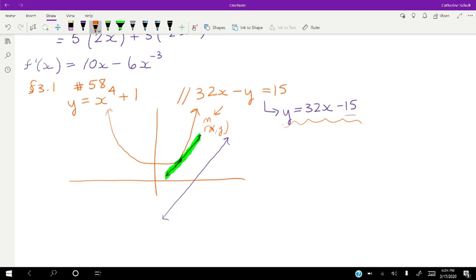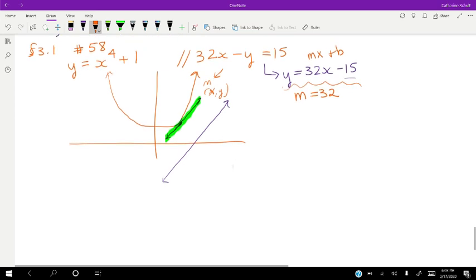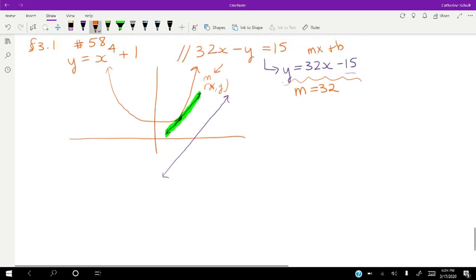Y equals, remember, mx plus b. So your slope in this case is 32, so that's half the battle. So remember, going back to this curve, x to the fourth plus 1, now we know that the slope of the tangent line is 32. Well, what tells us the slope of the tangent line? The derivative, f prime of x, is the slope of the tangent line.